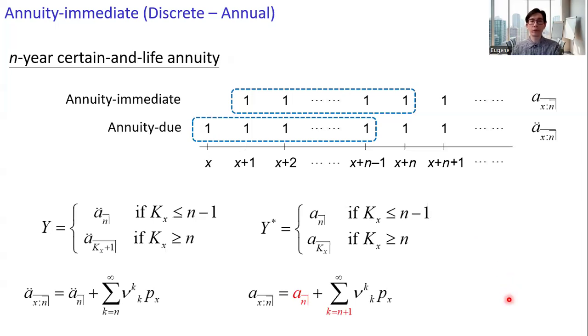For the expression for the annuity immediate, the n-year certain period corresponds to an annuity immediate, a angle n, as compared with the annuity due here. And then the summation notation starts from k equals n plus 1.